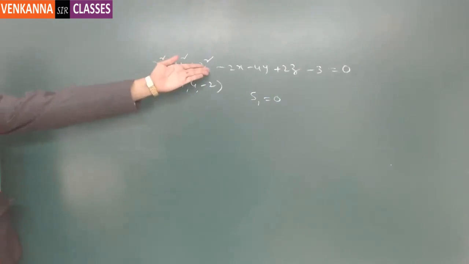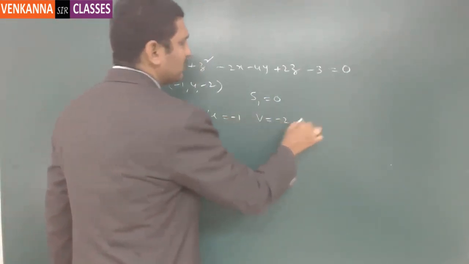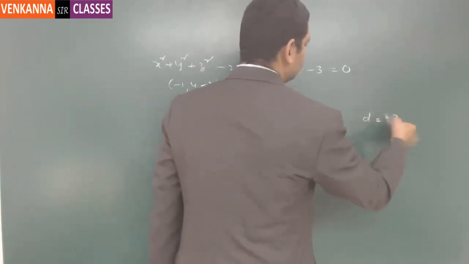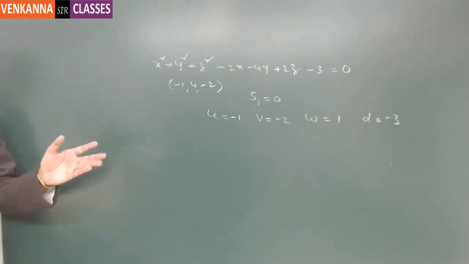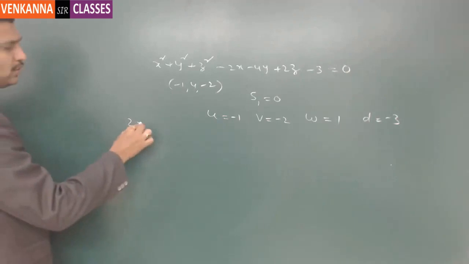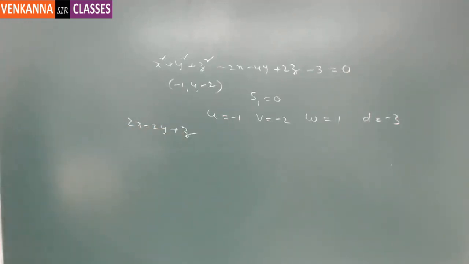From the sphere equation, u is minus 1, v is minus 2, w is 1, and d is minus 3. I have given a formula earlier to you, so please substitute the values there and compute the tangent plane equation. I say that you will get the equation as 2x minus 2y plus z plus 12 equal to 0.